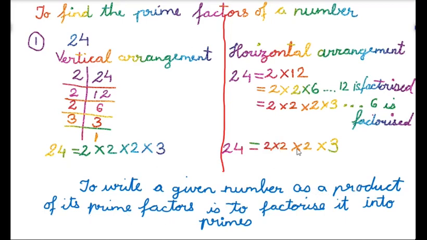So we have written a product, meaning multiplication of prime factors. Meaning did we use prime numbers? Yes. To write a given number as a product of its prime factors is to factorize it into primes. Did you understand? Okay.